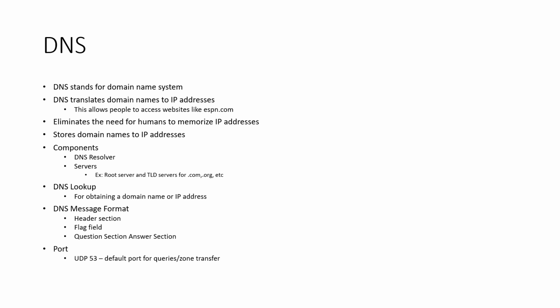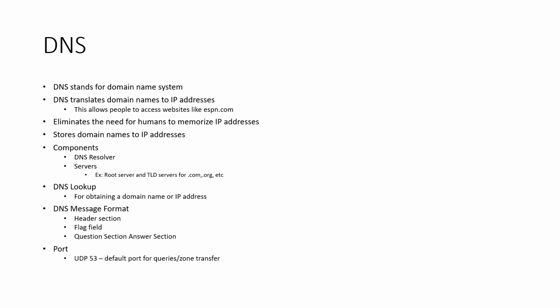Some components of DNS are the DNS resolver and different types of servers. Some examples would be root servers and TLD servers for .com, .org, etc. Next we have DNS lookup, which is for obtaining a domain name or IP address.